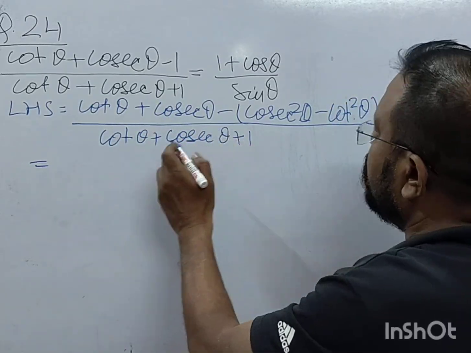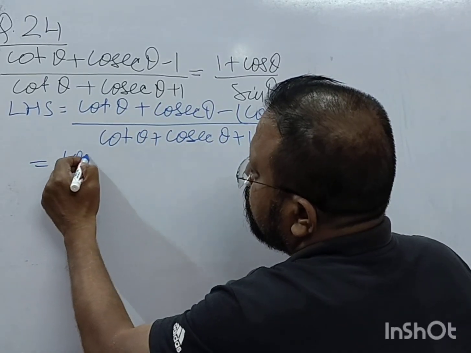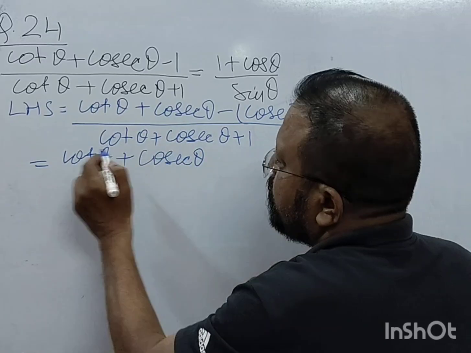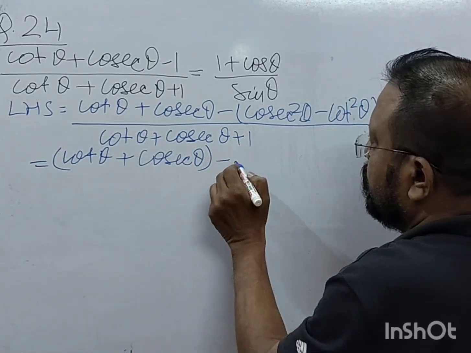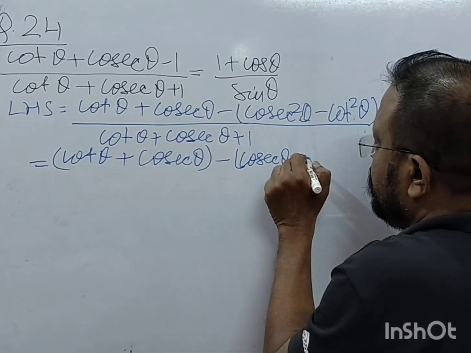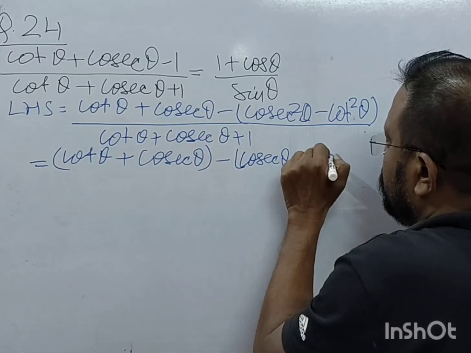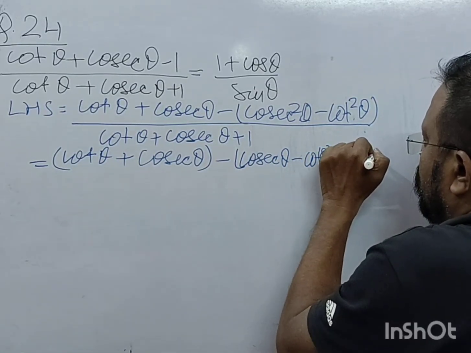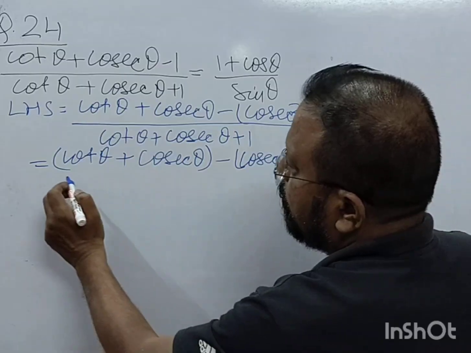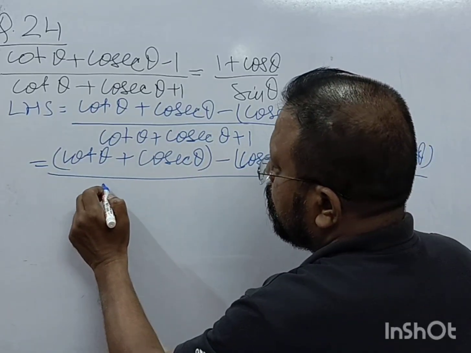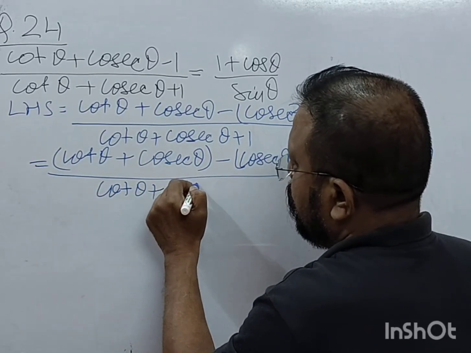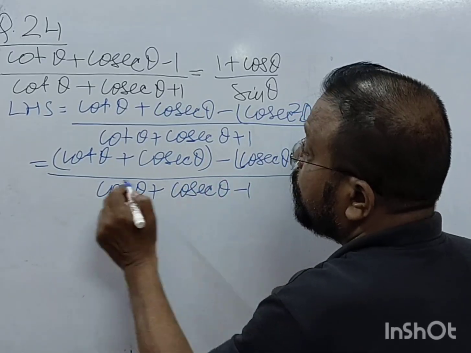Okay, now what you do, you write here cot theta plus cosec theta minus, you write here bracket cosec theta minus cot theta, bracket cosec theta plus cot theta, upon cot theta plus cosec theta minus 1.